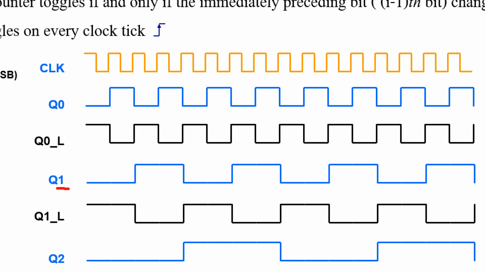And for Q1, the frequency is half of Q0. The period is longer than Q0. 2 periods of Q0 equal 1 period of Q1.